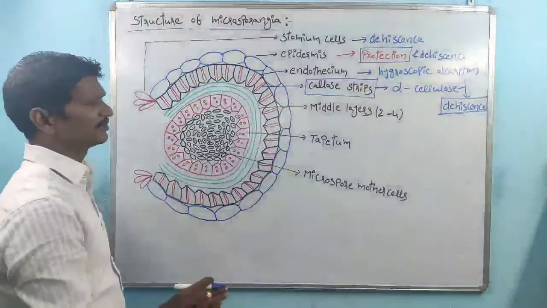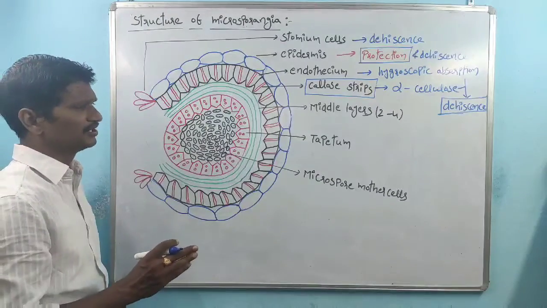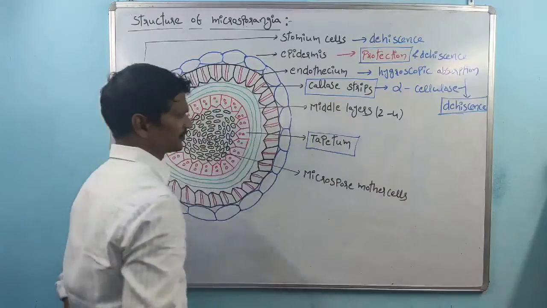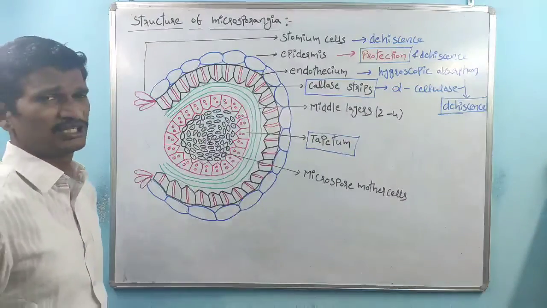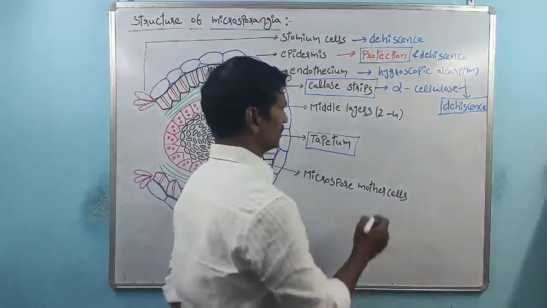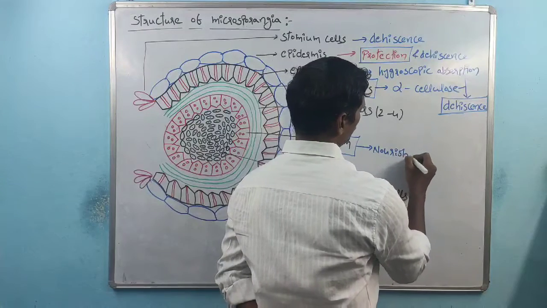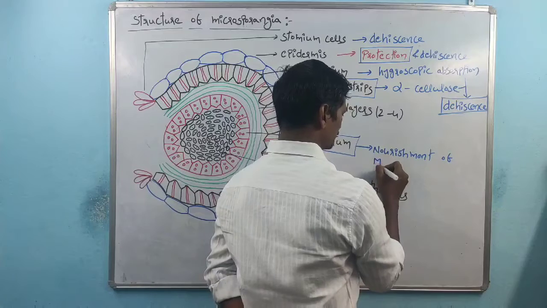Coming to the next one, the tapetum. This is quite a different tissue from the remaining anther tissues. This is a very important tissue for the anther or microsporangia, because the tapetum is involved in the nourishment of microspore mother cells.